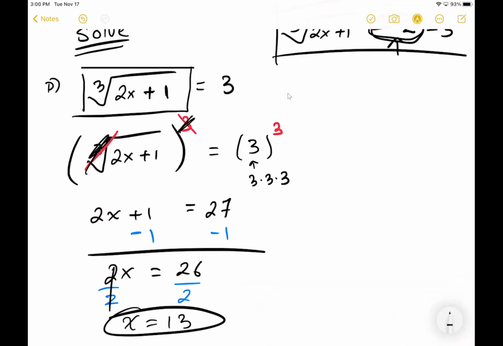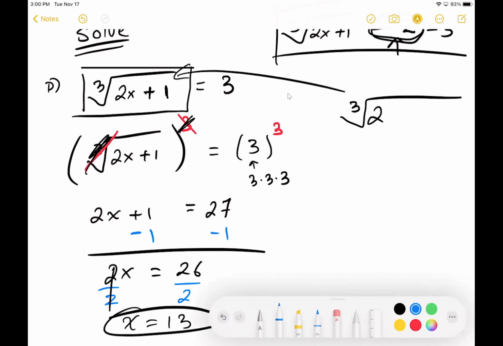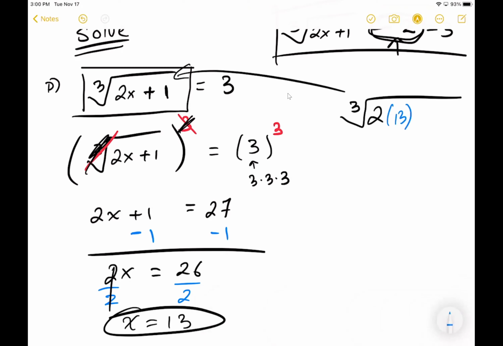And if you're in doubt, take a look at this item. If this is what I have, cube root of 2 times, what is my x? My x is 13. And cube root of 2 times 13 plus 1. What is 2 times 13? 2 times 13 is 26. What is 26 plus 1? Well, 26 plus 1 is 27.